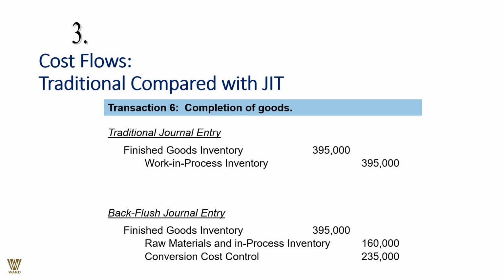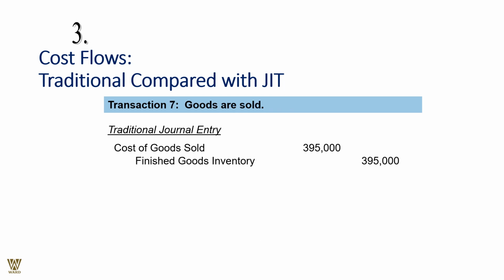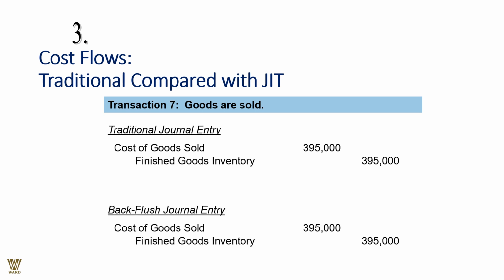Mind you, this amount of money has not actually been spent, but it is on the way, undergoing the process, and the conversion cost is $235,000. But this is what we are talking about. So cost of goods is $395,000. Finished inventory is also $395,000. In the backflush entry, the same entry goes around.